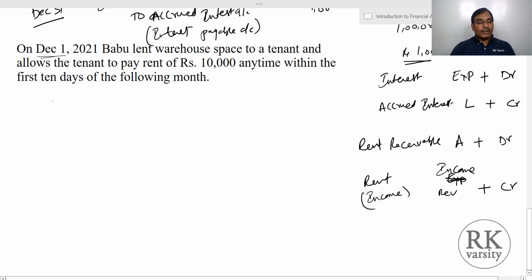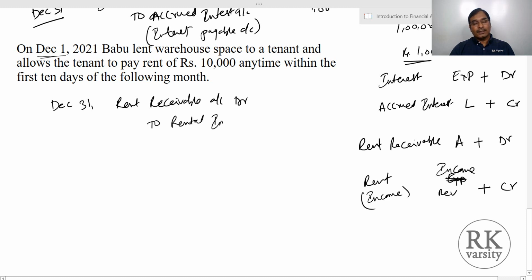So on December 31st, our journal entry will be: which account we have to debit? Rent receivable. So rent receivable account debit, to rental income. Why am I writing rental income?